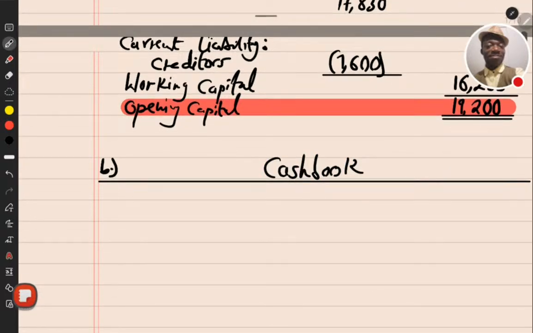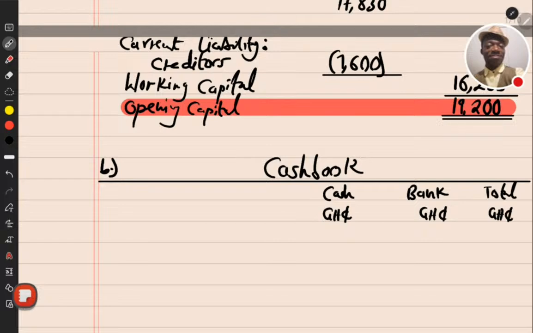Here you're going to have three columns: a column for cash, a column for bank, and a column for totals. Currencies are in Ghana cedis.